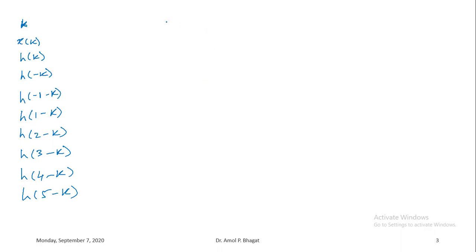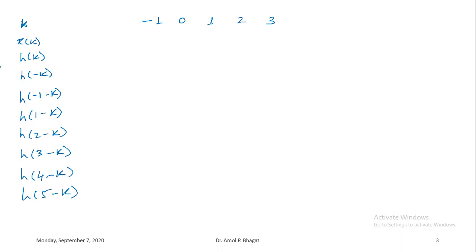So you can specify it as minus 1, 0, 1, 2, 3, likewise. These values are for the discrete time interval.